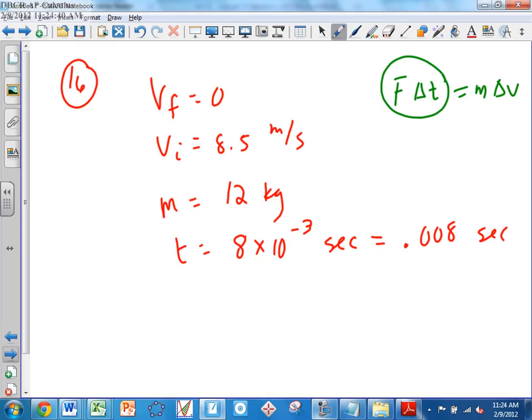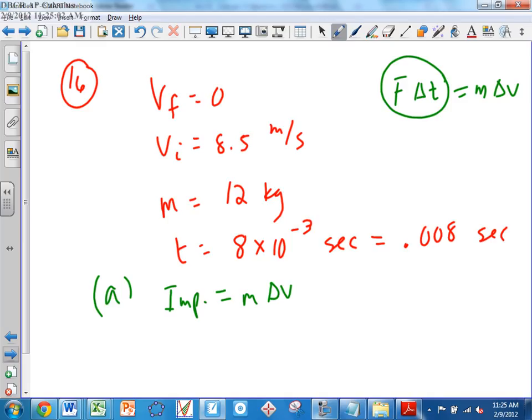So, for part A, it says find the impulse. Impulse equals M delta V. Just write the word impulse for now. All they want to know is what is the impulse, not the force right away.